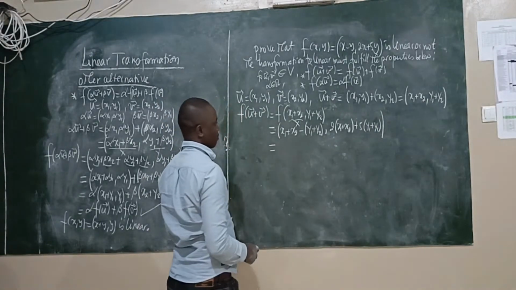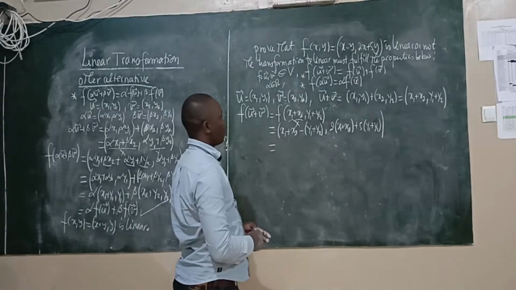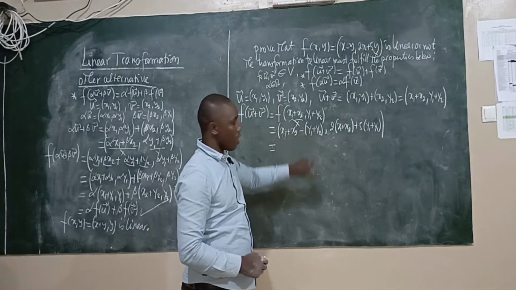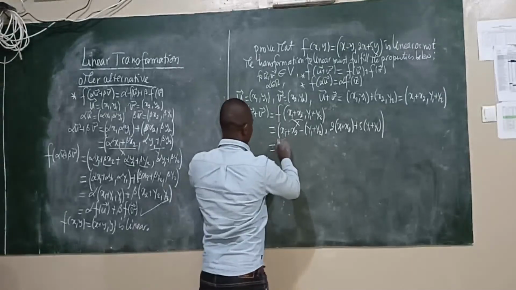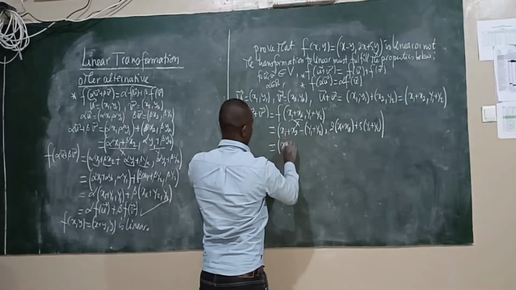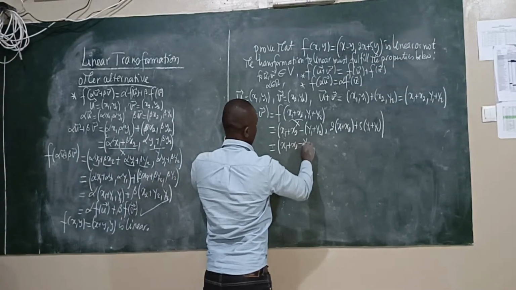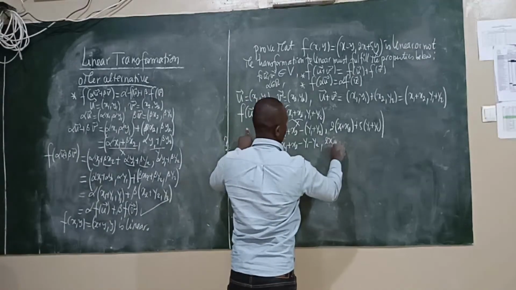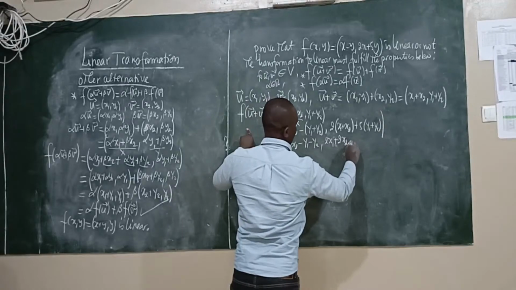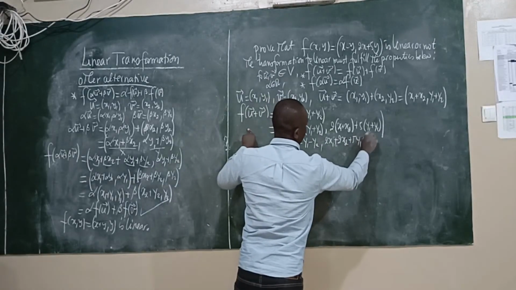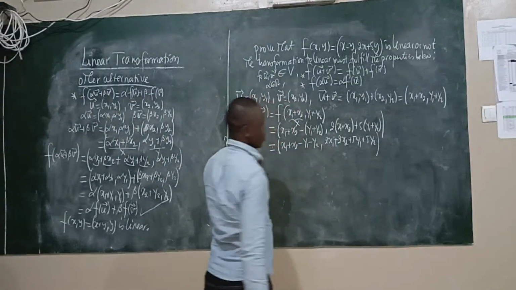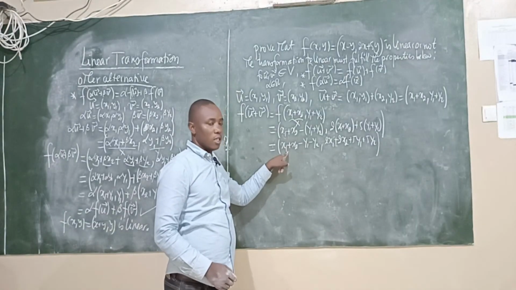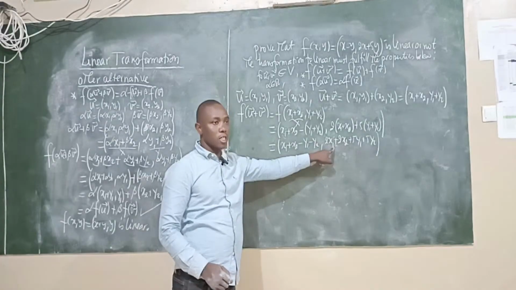As I told you, we group stuff with subscript 1. But before doing that, let's expand this. We have x1 plus x2 minus y1 minus y2, comma, 2x1 plus 2x2 plus 5y1 plus 5y2. Now we are going to group things with subscript 1.